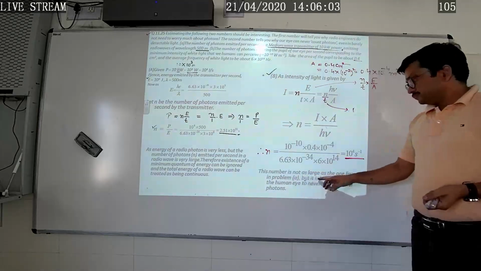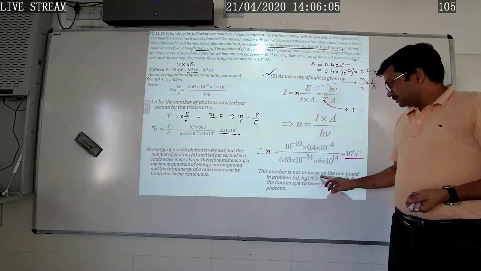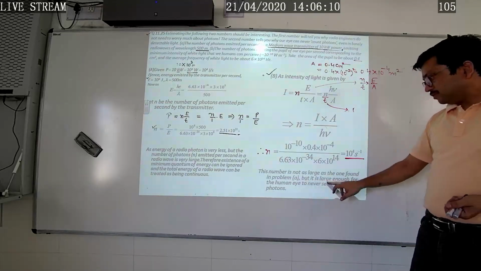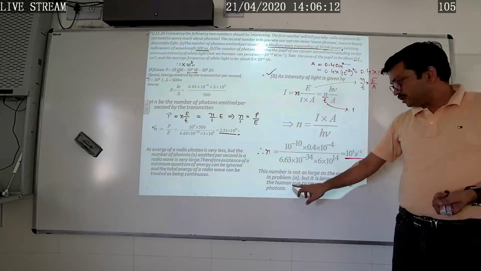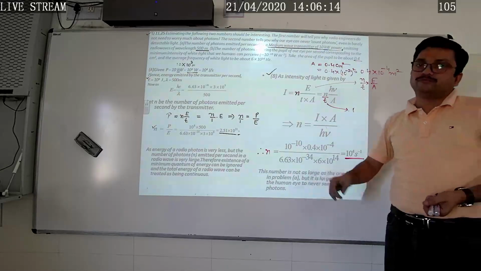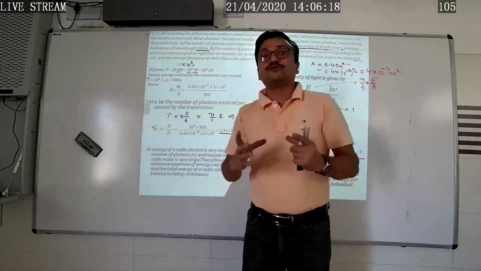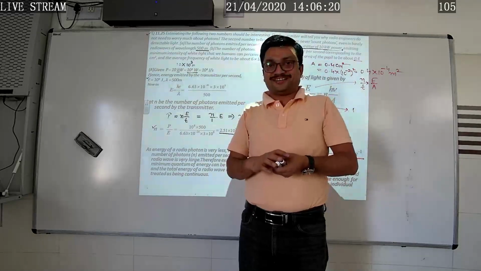This number is not as large as the one found in problem A, but it is large enough for the human eye to never see the individual photons. In 1 second, 10 to the power 4 photons are entering our eye.